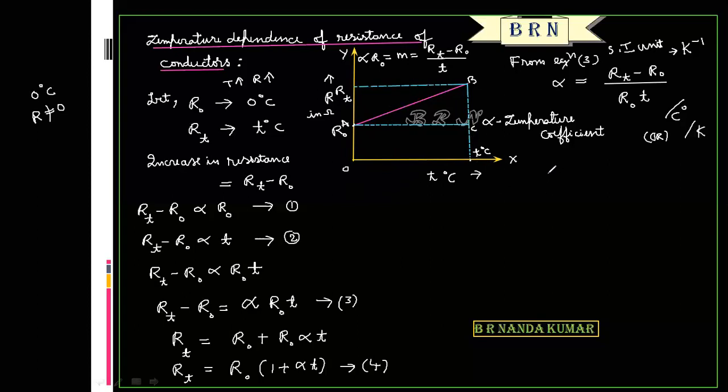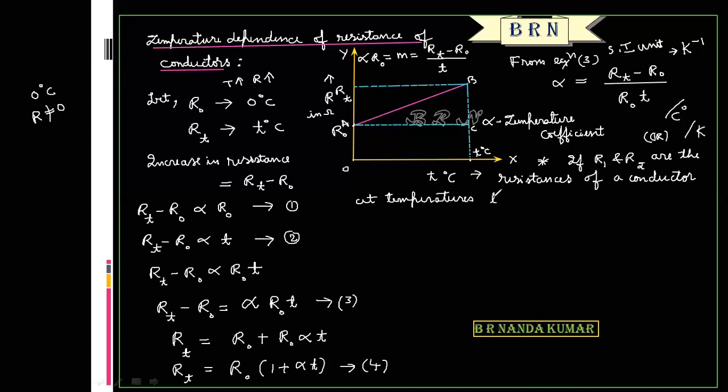The next very important point: suppose R1 and R2 are the resistances of a conductor at temperatures T1 degree Celsius and T2 degree Celsius respectively.